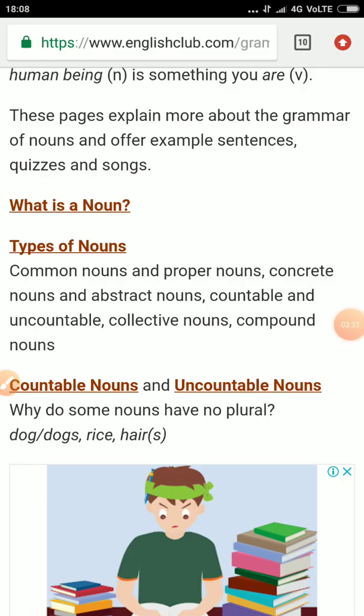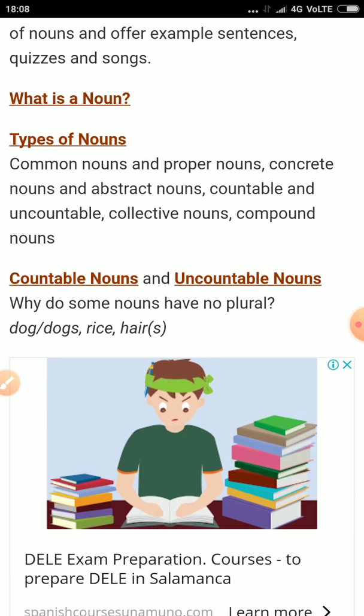Now we come to types of noun. Here it is mentioned: common noun, proper noun, concrete noun, abstract noun, countable, uncountable, collective, and compound nouns. One by one we are coming to the point.